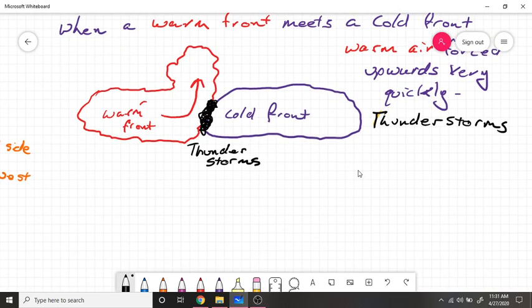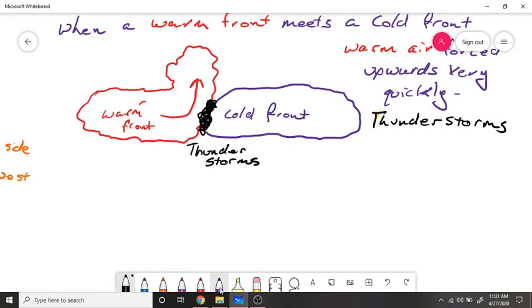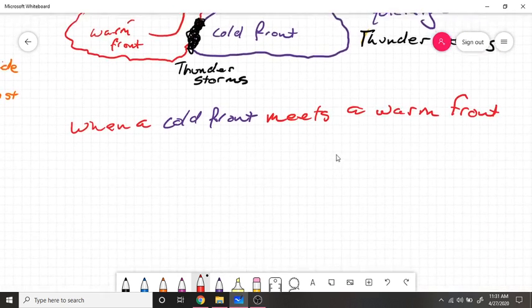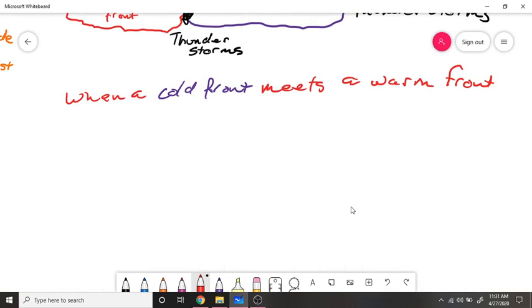What happens when a cold front meets a warm front? So when a cold front comes along and meets a warm front, mixing occurs, but it is not quite as dramatic.